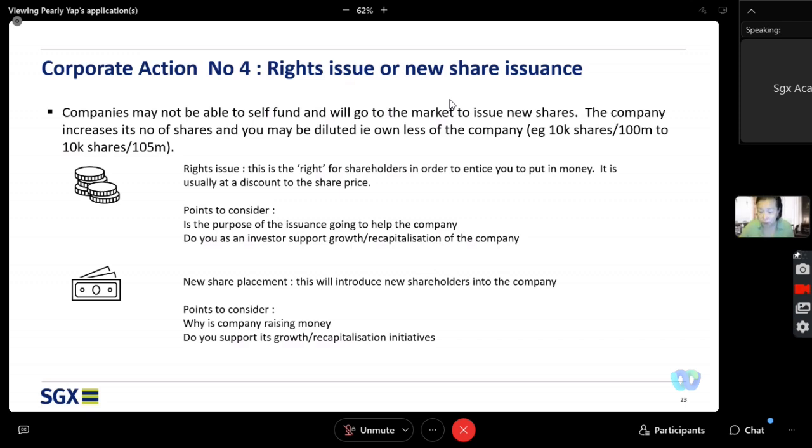So I have the right. You don't have the right because you're not a shareholder. So that's called a rights issue, right? But for these two, money has changed hands. Money has come from shareholders and has gone into the company.